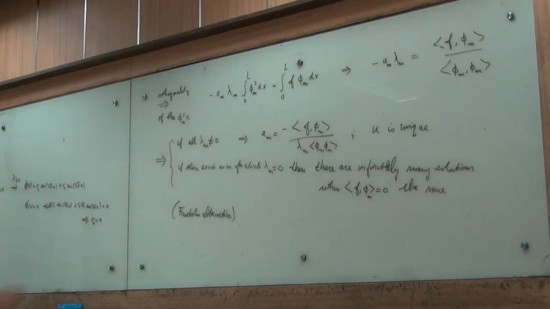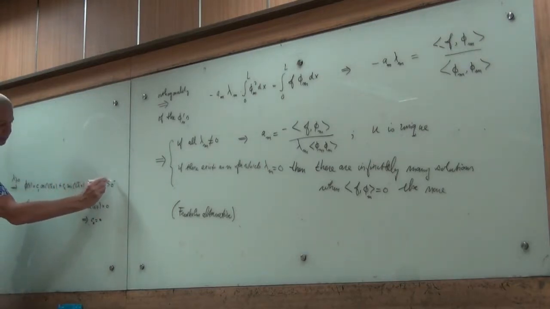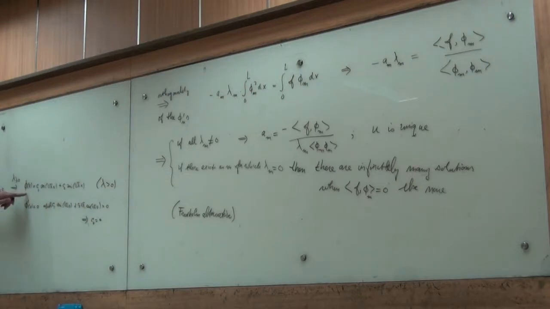C2 is 0. And this formula is only valid for lambda positive. If lambda is 0, I should also write down phi x is c1x plus c2. And this formula is valid for lambda is equal to 0.